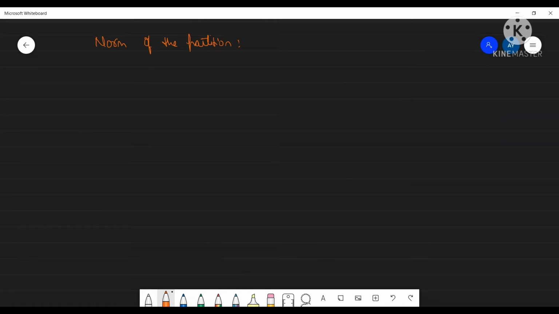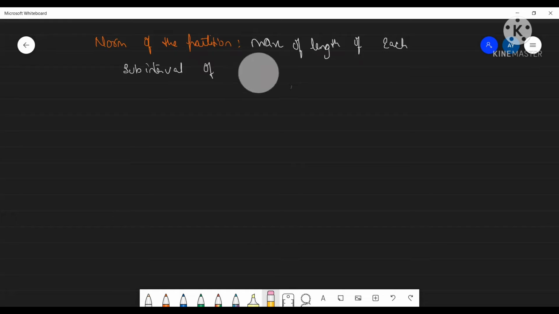Now coming to the norm of the partition, it says the maximum of the length of each subinterval of the partition.